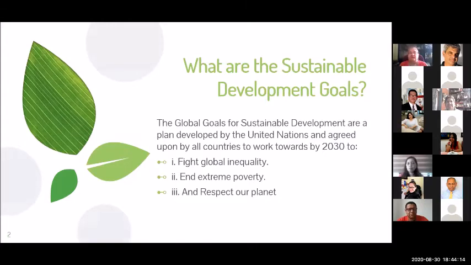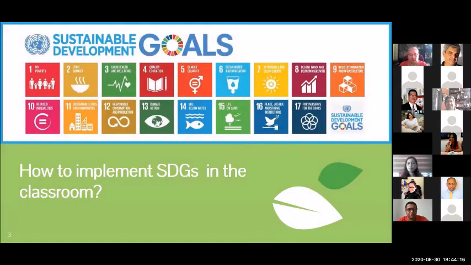So the first thing that we need to know is that the Sustainable Development Goals, there are 17, and they are all connected somewhat to the topics we cover in our classroom. But how to implement these SDGs in the classroom?